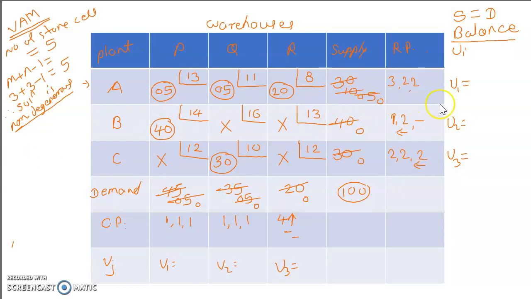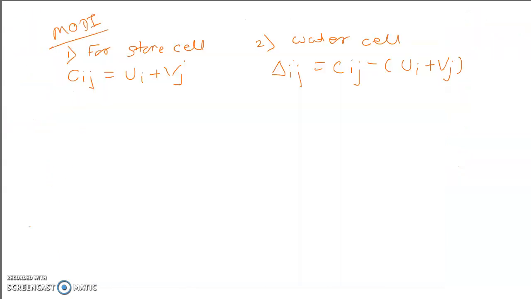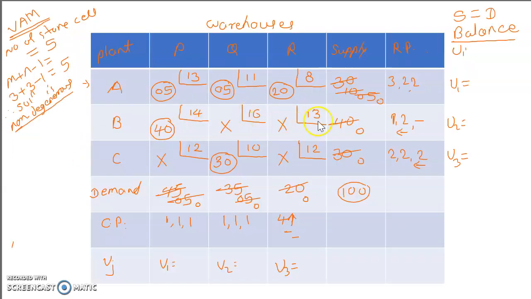To calculate the values of U1, U2, U3, V1, V2, V3, if one value is known we can calculate the others. But right now C is known but Ui and Vj are unknown. For that purpose we assume one Ui or Vj is equal to 0. So right now I am going to assume U1 is equal to 0.